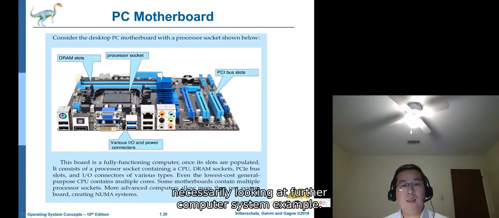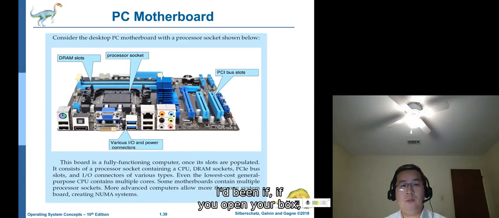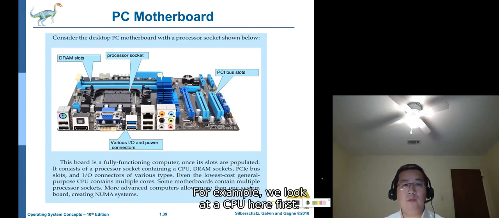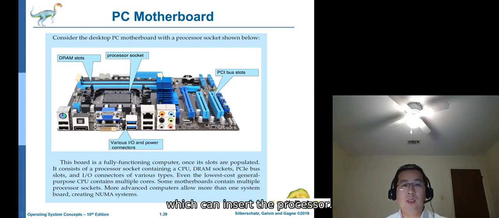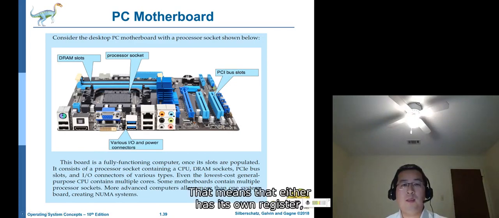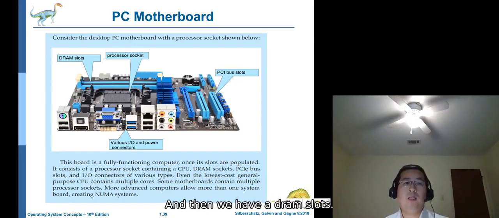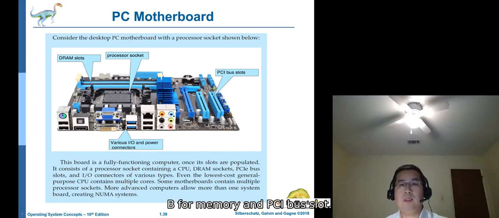Let's look at a further computer system example. I believe if you open your box, your PC, you will see these things. Let's look at the CPU here first. There's a processor socket which can insert the processor. That means it has its own register and cache here as well. And then we have DRAM slots. So DRAM slots, this will be for memory, and PCI bus slot, for some other devices like monitor related, like a display.